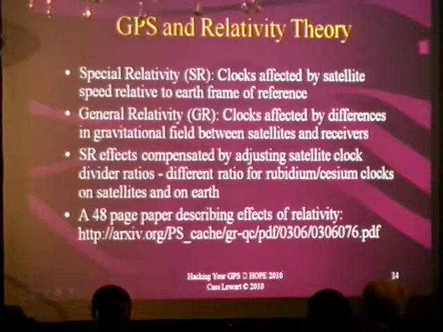the special relativity theory and the general relativity theory affect the clocks, and they actually get adjusted for this effect from the ground. You see, in addition to the satellites, the Department of Defense has a number of stations which communicate with the satellites and basically adjust the clocks, send the ephemeris information and almanac information, which then is relayed to the users.